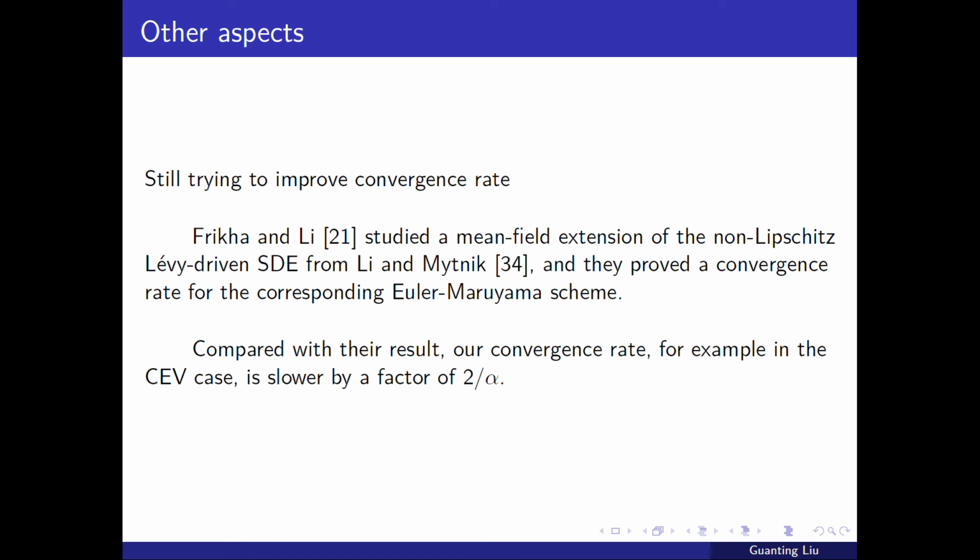Their problem kind of contains our problem, but the scheme they consider is a different one, just the standard Euler-Maruyama scheme. Although not absolutely comparable, their convergence rate is still faster by a factor of 2 over alpha than ours, and that gives us a motivation to keep improving our convergence rate.